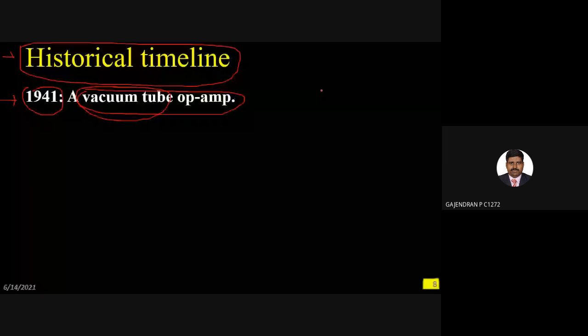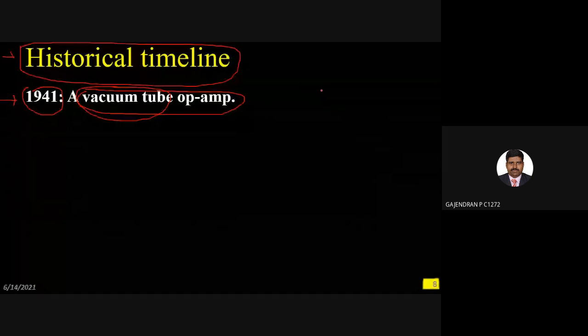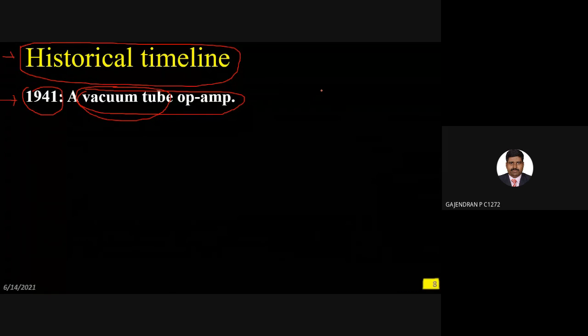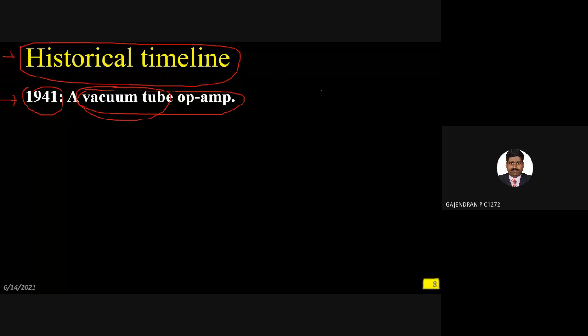We have different kinds of vacuum tubes like triode, tetrode, pentode. Can you tell me the meaning of triode? What does tri stand for? 3.